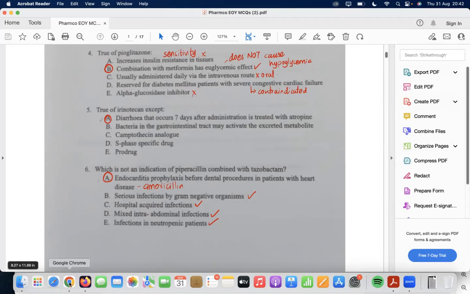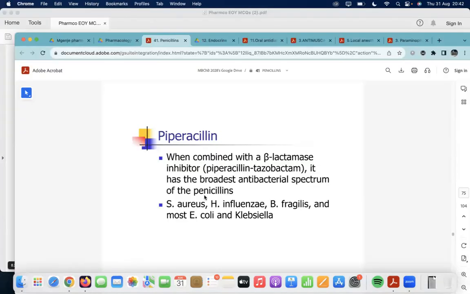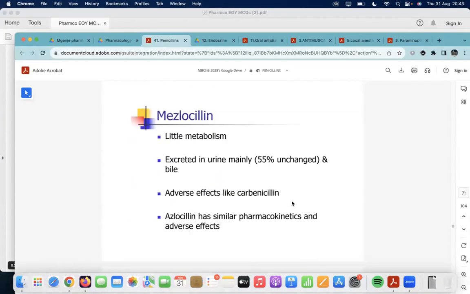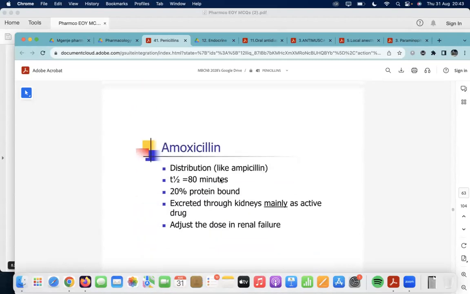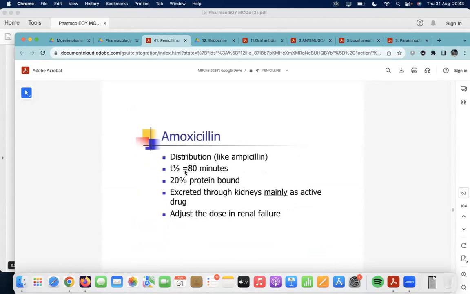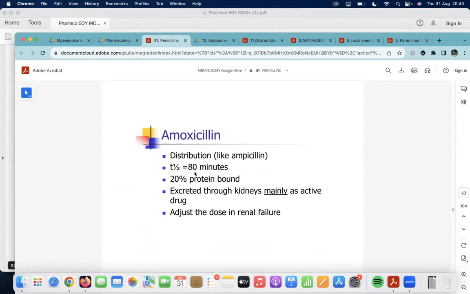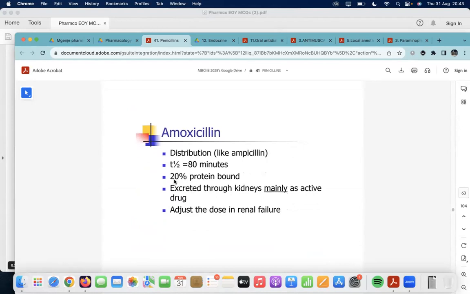Yeah. So the notes for amoxicillin are on slide 63. Here, amoxicillin half-life is 80 minutes, so relatively short compared to most drugs. Actually, no, it's very short. 80 minutes is really short. So I think the drug should be given very continuously, multiple times a day. 20% protein bound.